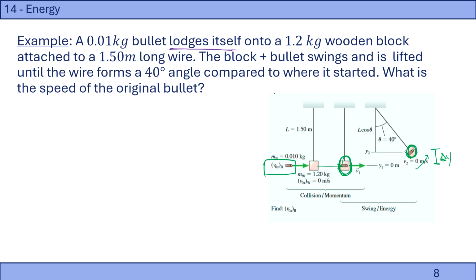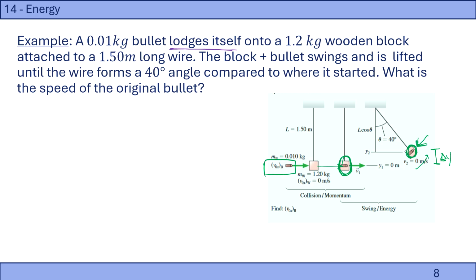When it reaches the top, it has this potential energy value, but it's stopped moving up. Therefore, we also know its kinetic energy would have to be zero at this very end point.